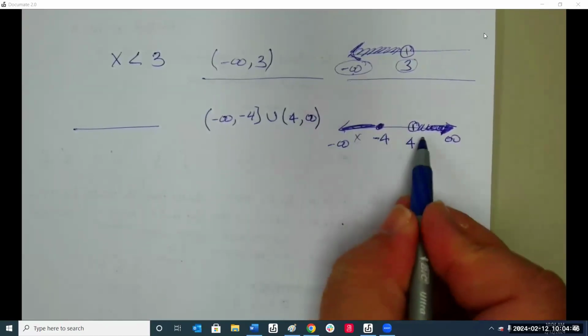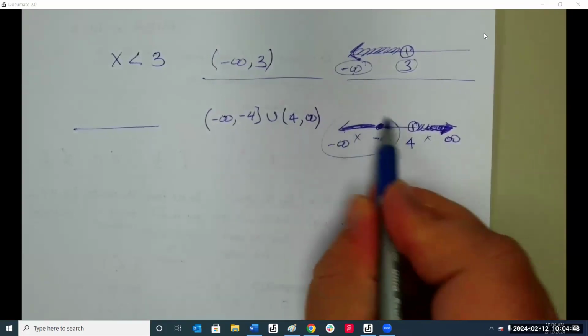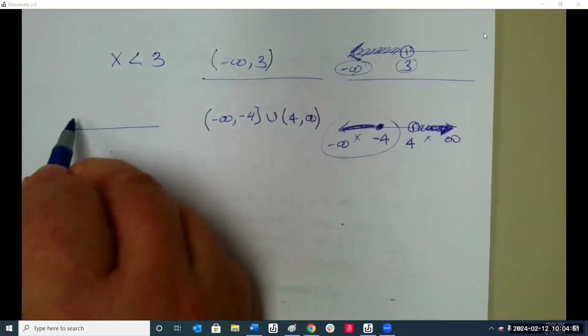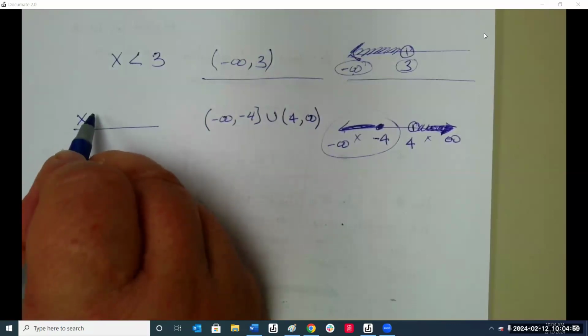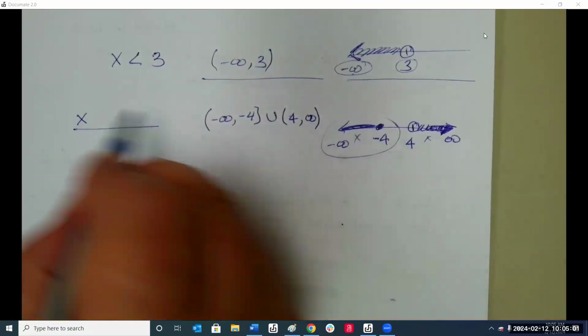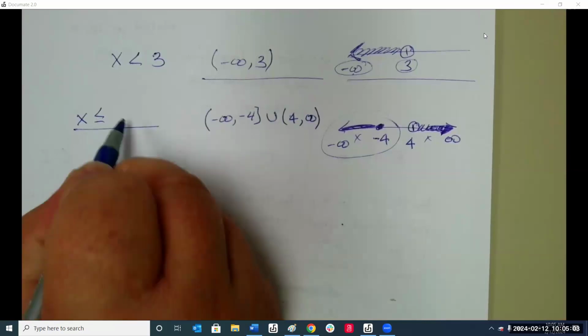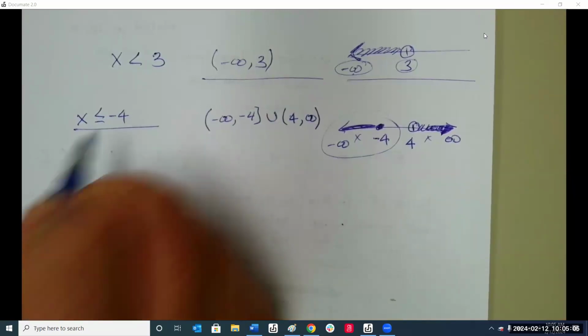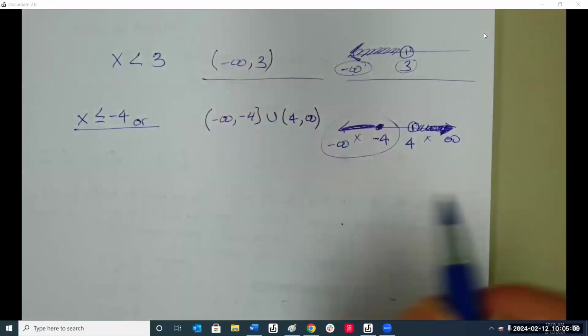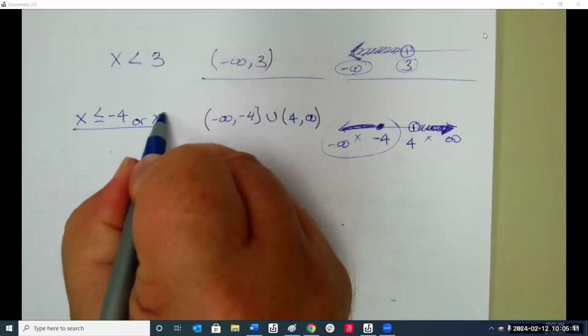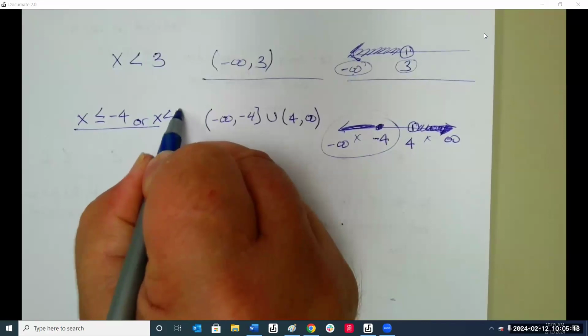So these are x's. How would you define this side? Very good. Or 4.